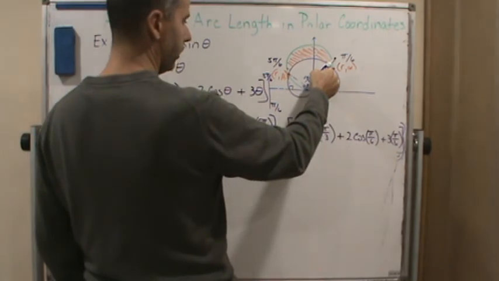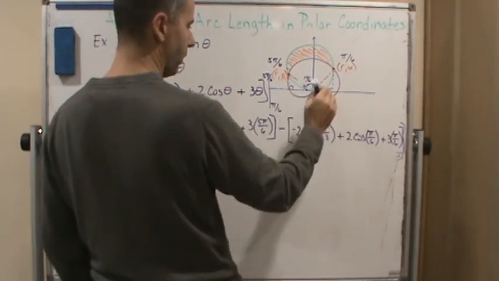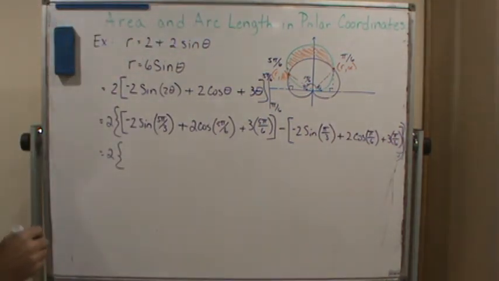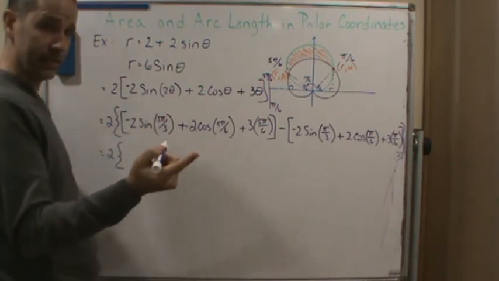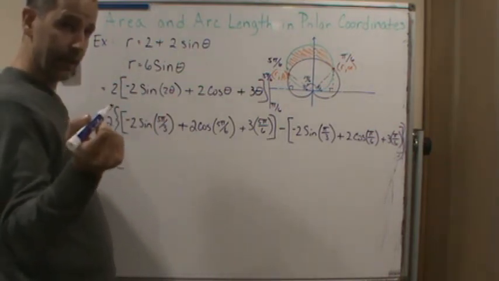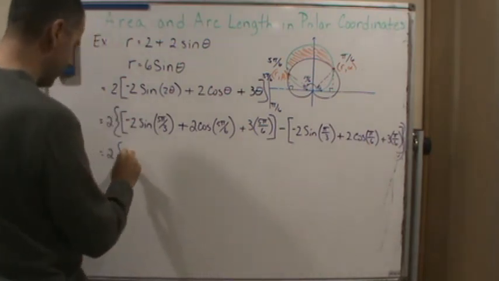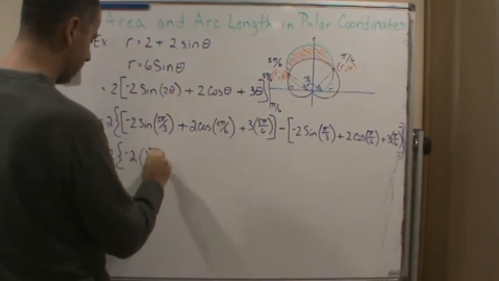So 1, 2, 3, 4, 5. So I've got a 60-degree angle in the 4th quadrant. Okay? So that's going to be sine is opposite. So opposite a 60-degree angle is going to be negative. So this is going to be negative 2 times negative square root of 3 over the hypotenuse, which is 2.